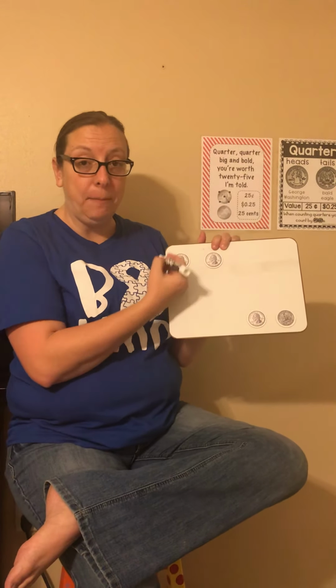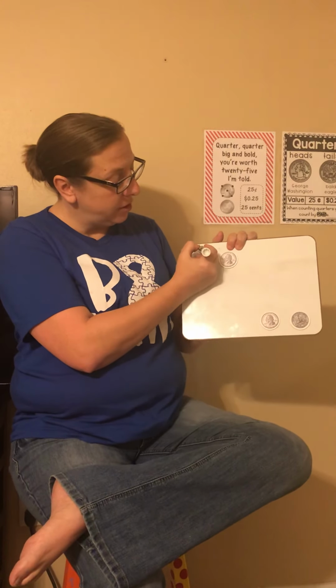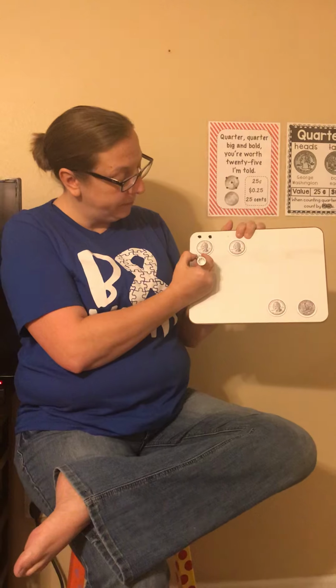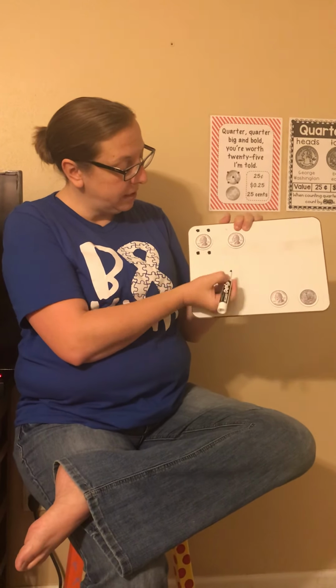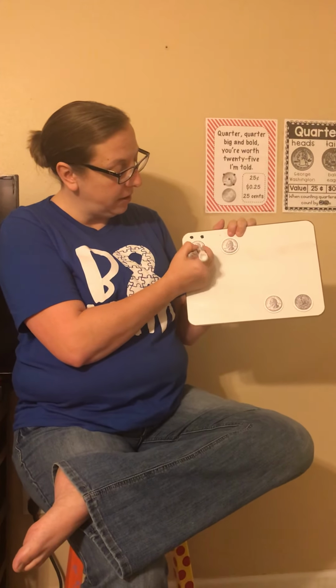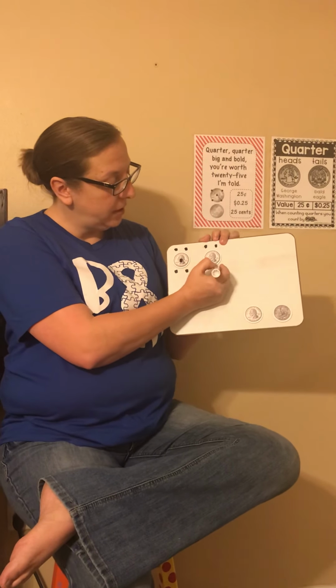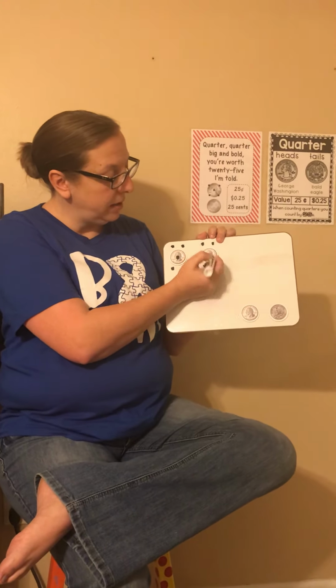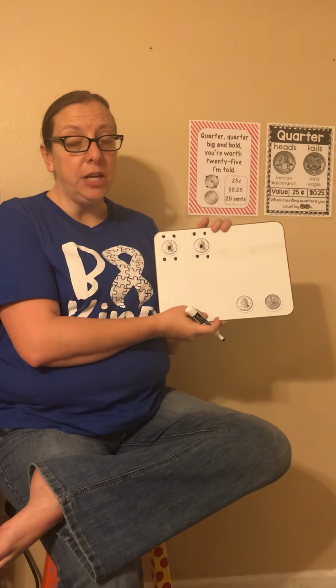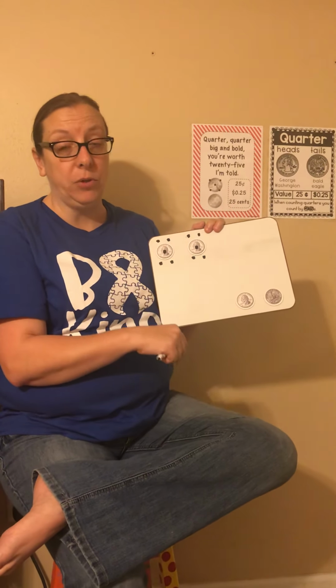Remember, each touch point means 5, so we're going to count by 5s when we touch each touch point. So our quarter has 2 touch points on top, 2 touch points on the bottom, and 1 in the middle. 2 on the top, 2 on the bottom, 1 in the middle. So if you like touch points, this will probably help you a lot with quarters.